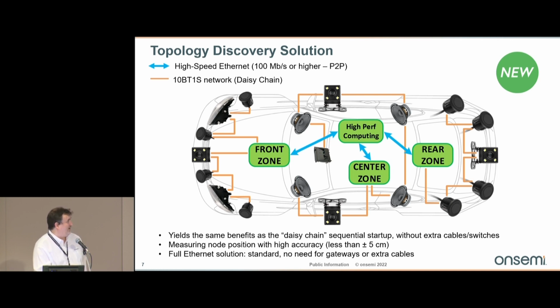The topology discovery can measure the position of the node with respect to one node that you choose as a reference with quite a high accuracy. That's less than plus or minus 5 centimeters as an error. I will show you that later. And it is a full Ethernet solution. It will be standard, and therefore, even without using gateways or extra cables, it will just work.